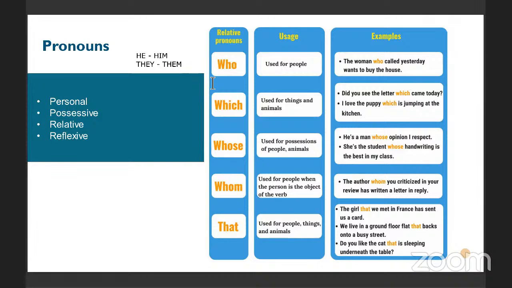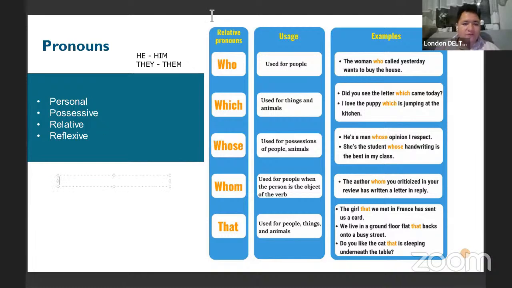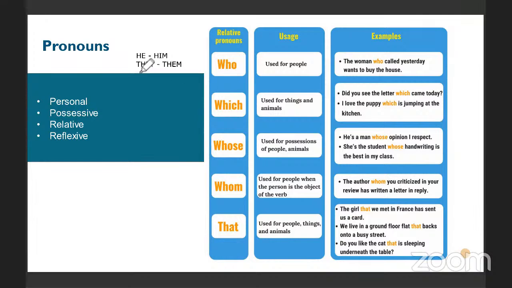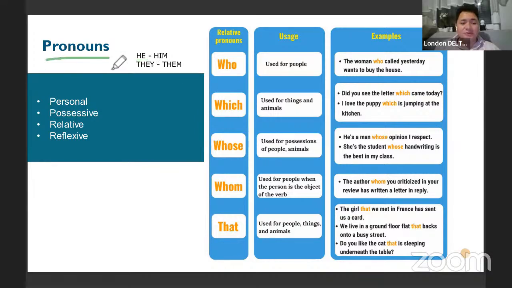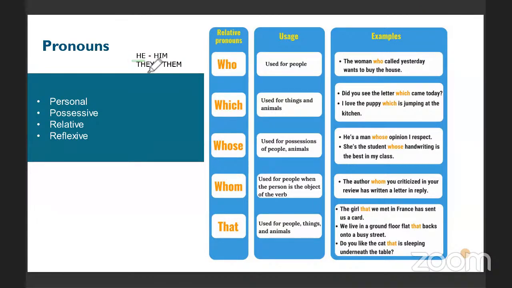I can use them when I talk about some things or people, and him is singular. Okay, so what is the difference between he and him? He is noun and him is pronoun.